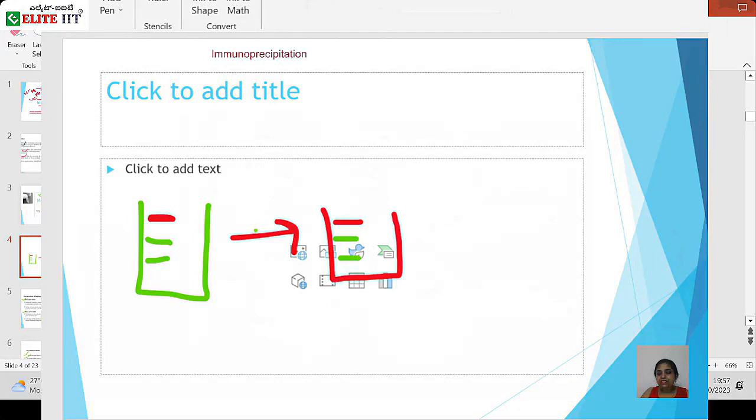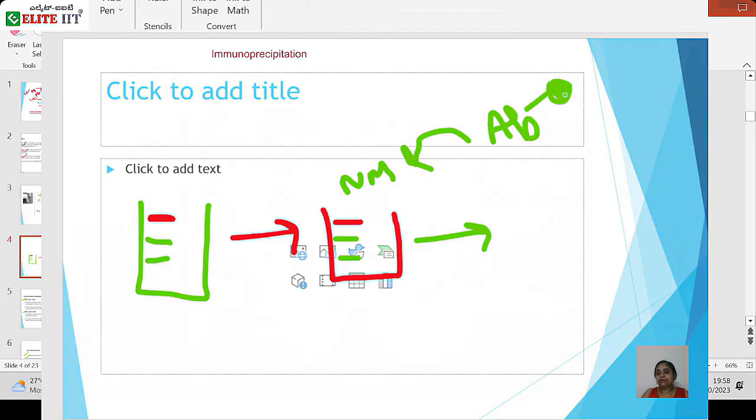So now you have transferred these three proteins onto the surface of the nitrocellulose membrane. Now what is happening in the next step? This is one part of Western blotting. On the surface of this nitrocellulose paper, you have to add antibody, and this antibody is attached with some label.